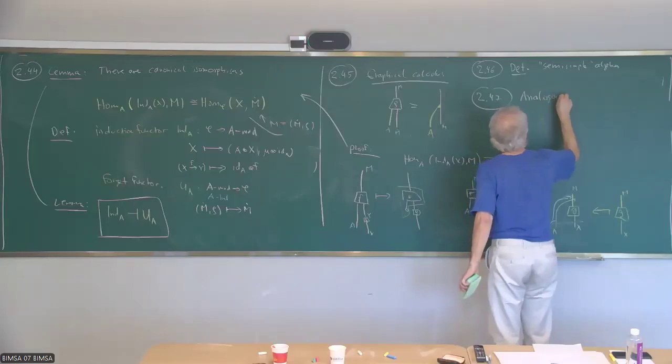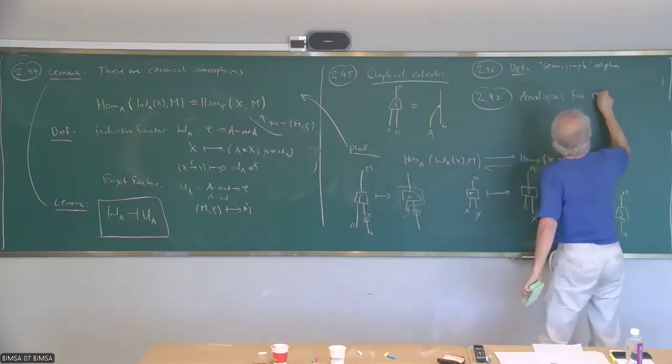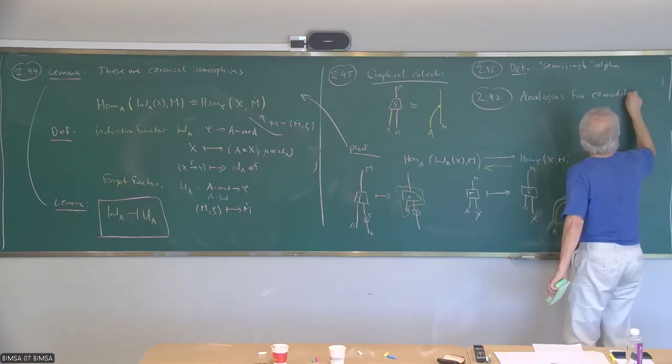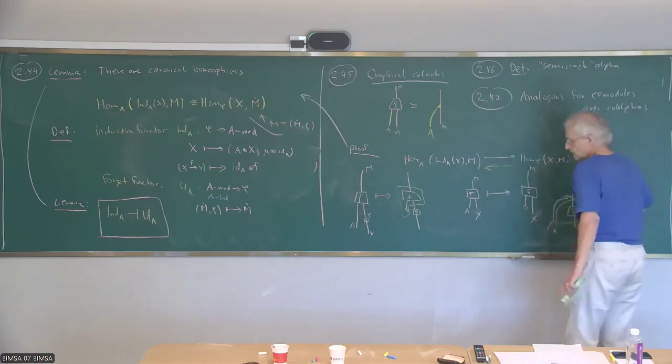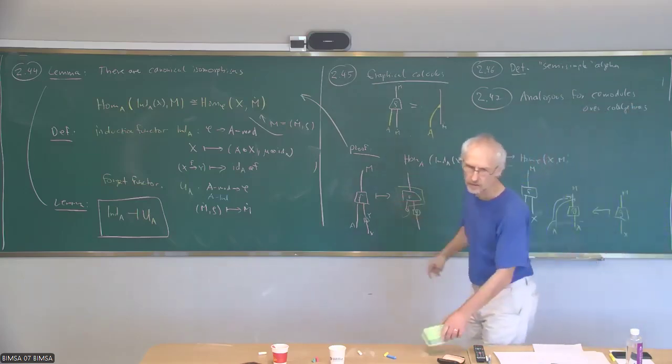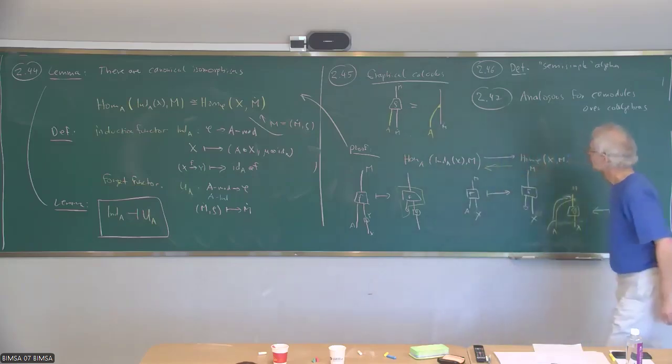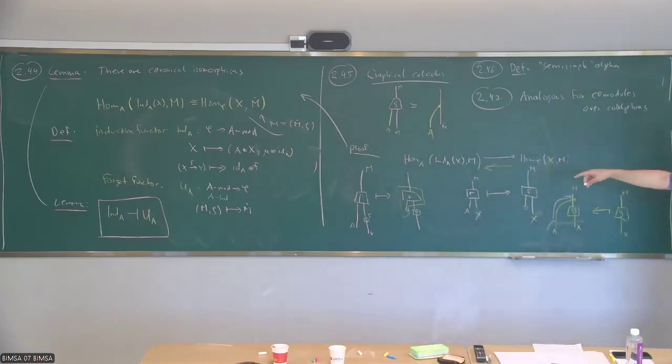Everything is completely analogous for co-modules, co-algebras. So left, right, by co-modules, and we get all the statements and proofs by reflecting the pictures along the horizontal line.